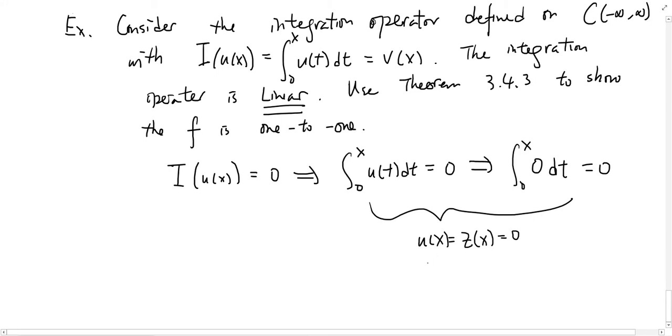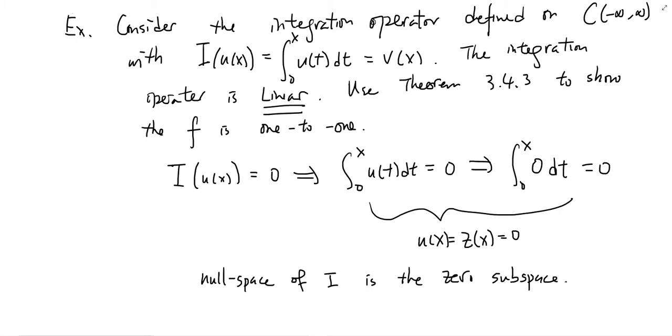So that tells me that the null space of I is just the 0 subspace. There's no other function that I can integrate from 0 to x and be guaranteed to always get 0 no matter what x is. The 0 function is the only one that would do that.